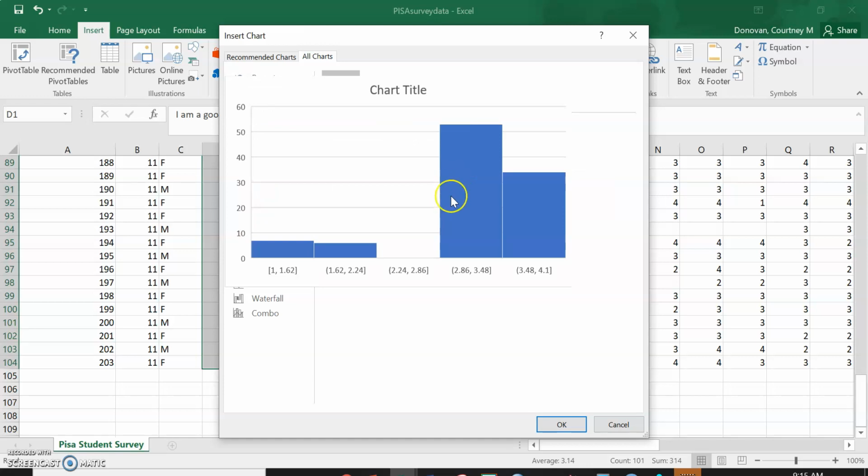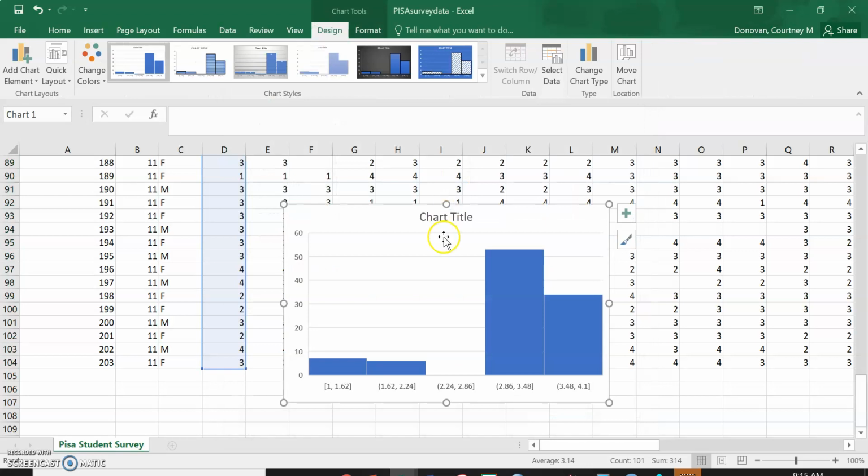I can see most people are falling in this 3 to 4 range. I don't have a lot falling in 1 or 2, which is not a bad thing, because I hope that most students in high school can at least somewhat agree that they are a good reader.